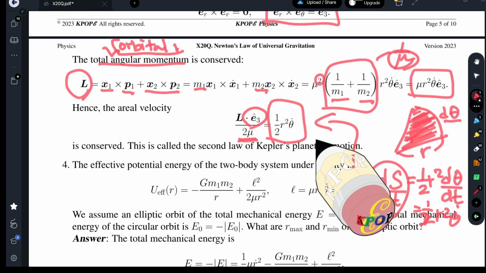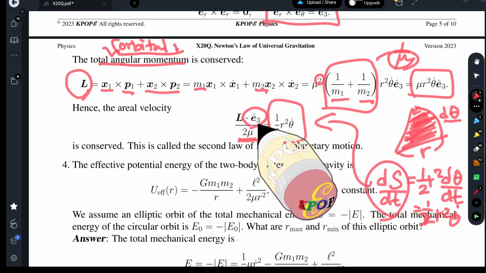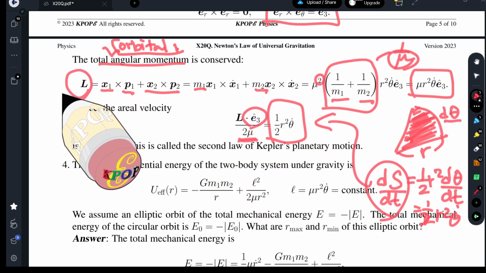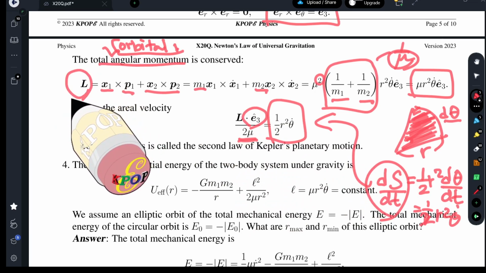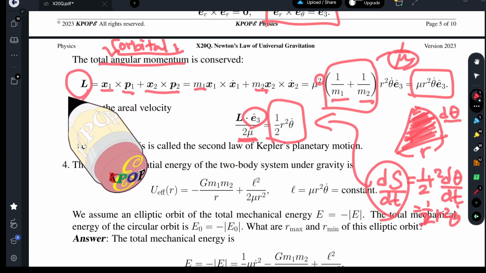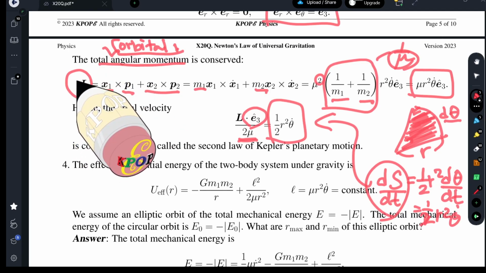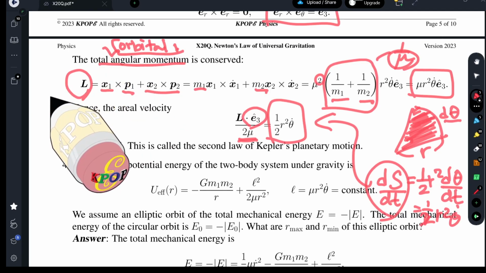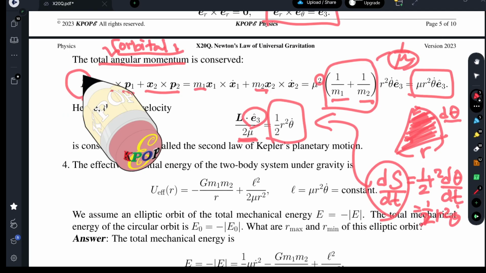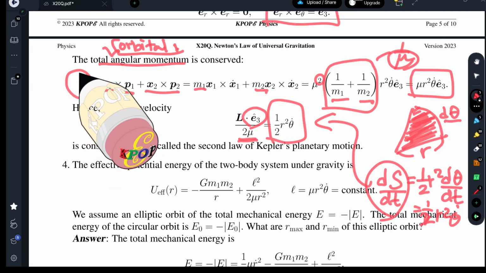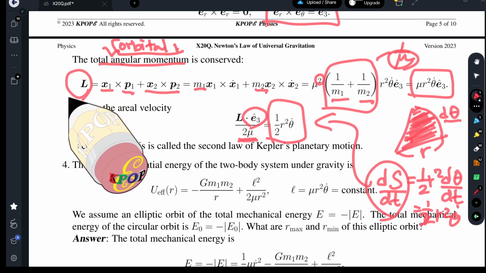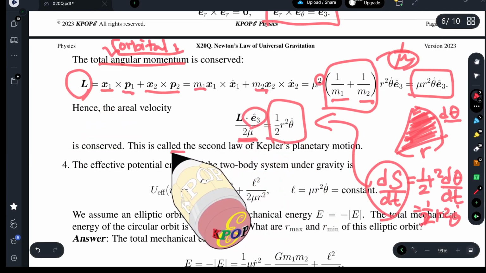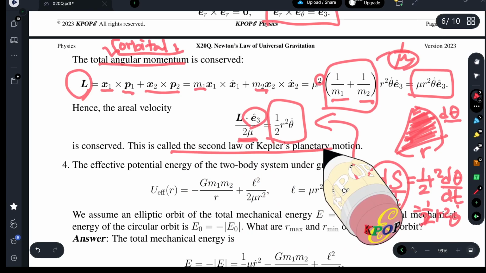And this areal velocity is conserved because the total angular momentum of a two-body system interacting with each other via a central force is always conserved. So this time derivative is zero. So it is completely constant. That is called Newton's second law.